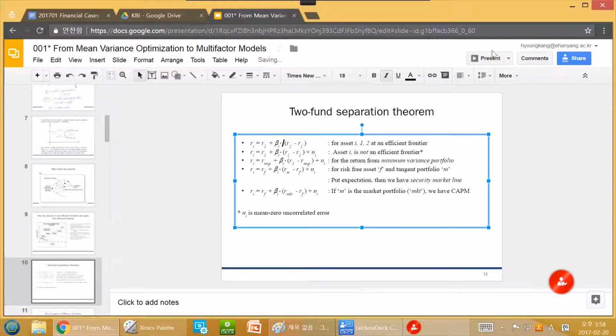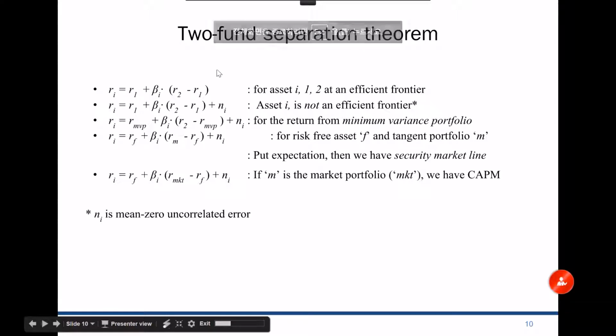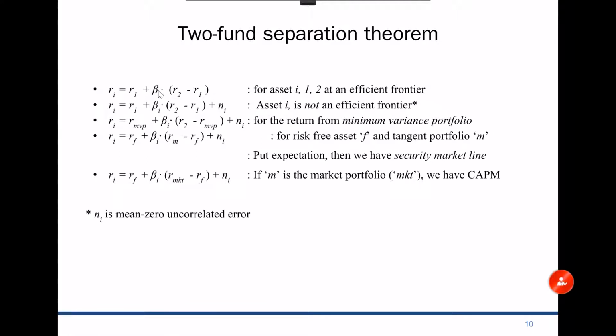Here, Ri is the portfolio return I. By investing a fraction beta in the second asset and 1 minus beta in the first asset, we can create Ri. So for any asset in the efficient frontier, we have this relation.